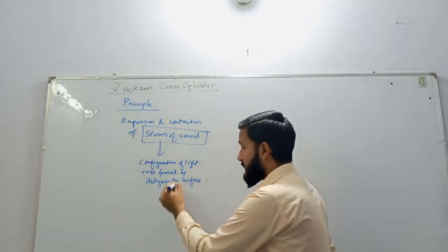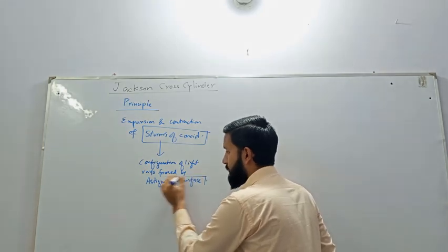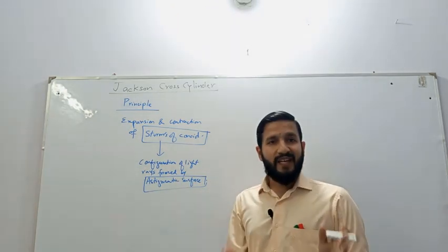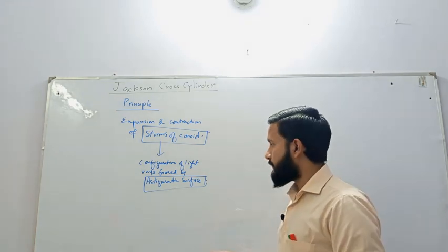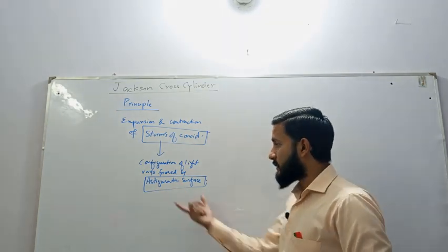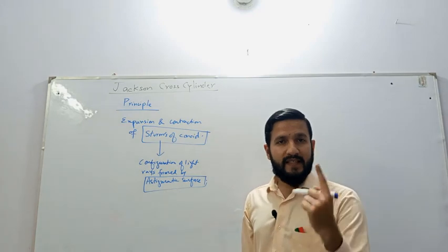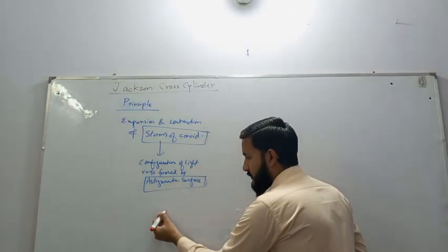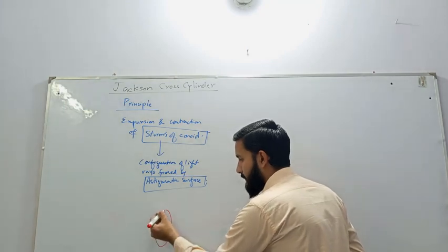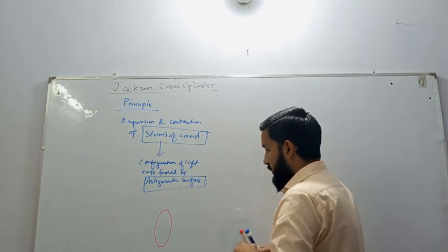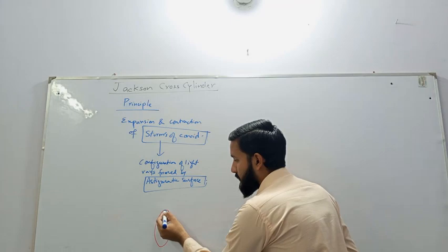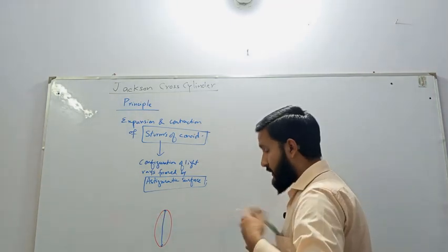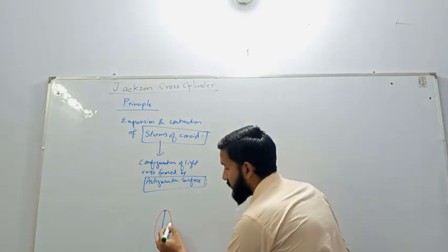We know that in an astigmatic surface the light is focused at two different points. So for astigmatism we don't have a single focal point, we have two different focal points. Let's consider this is an eye and this is its vertical meridian, and the green one is the horizontal meridian.